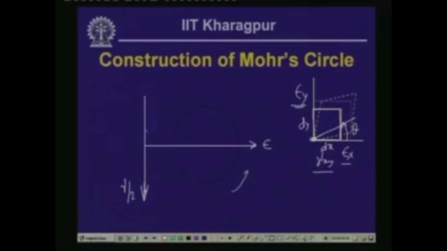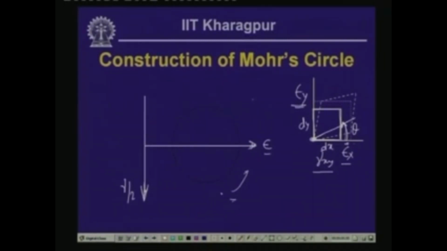If we consider gamma positive in the upward direction, then this anticlockwise orientation in the physical plane will be clockwise in the Mohr's plane. To keep the parity between the physical plane and the Mohr's plane, we keep the axis direction as positive for epsilon on the right hand side and gamma by 2 in the downward y direction.